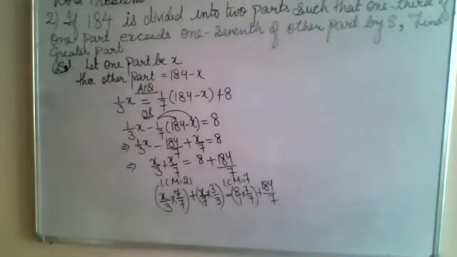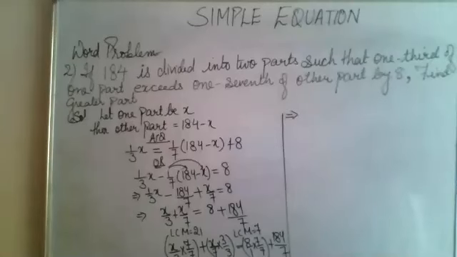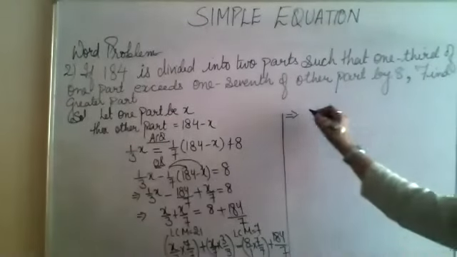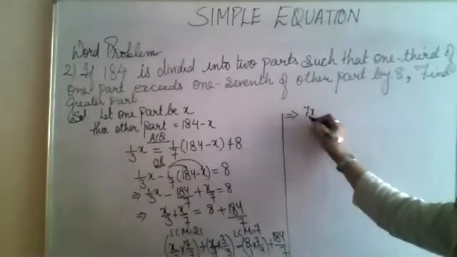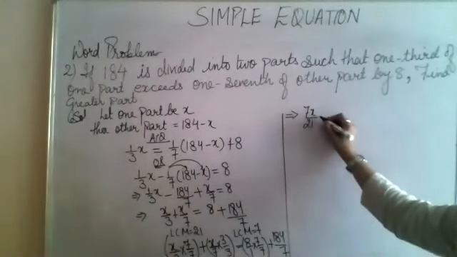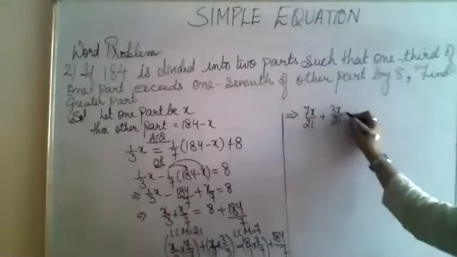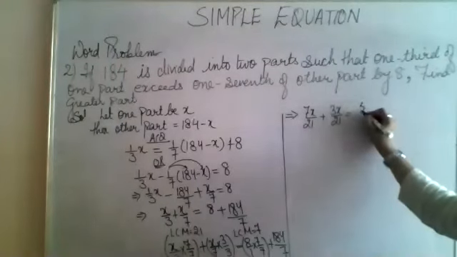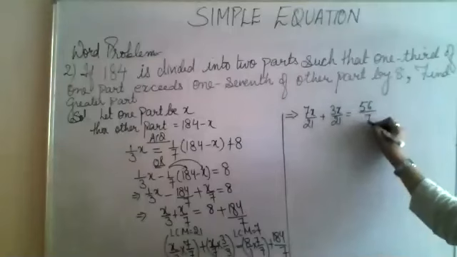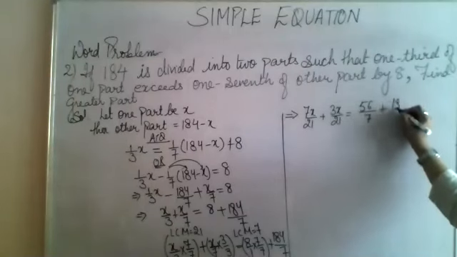In this way, we have made the denominator the same. It will be 7x upon 21 plus 3x upon 21 equal to 56 upon 7 plus 184 upon 7.